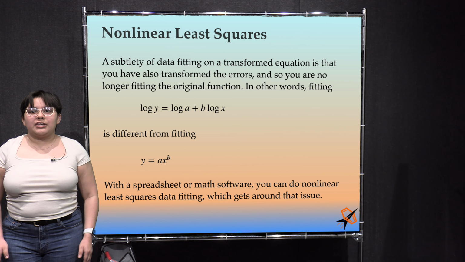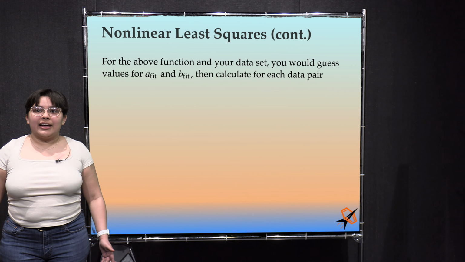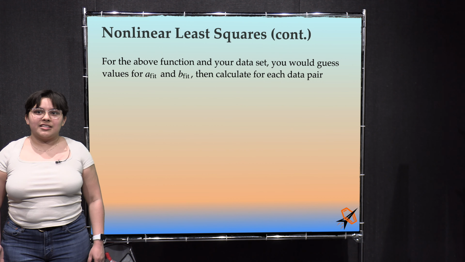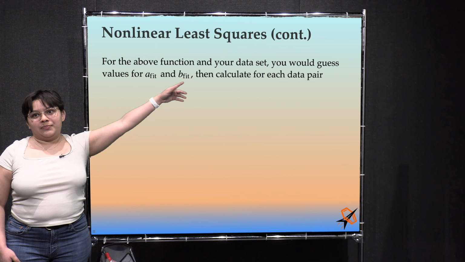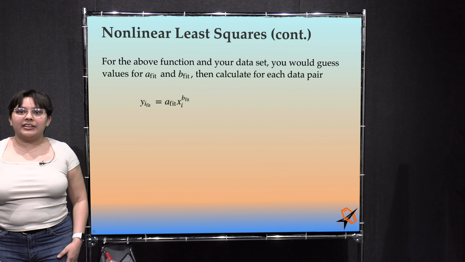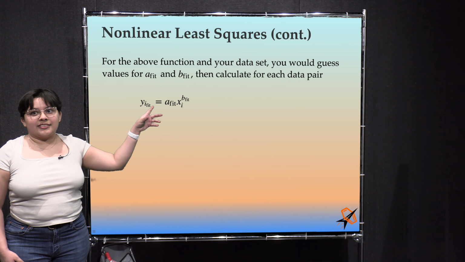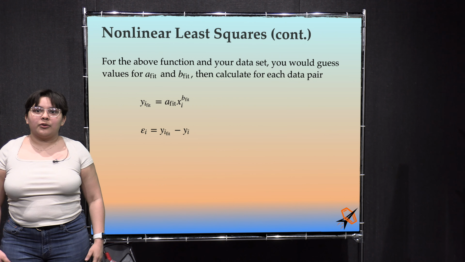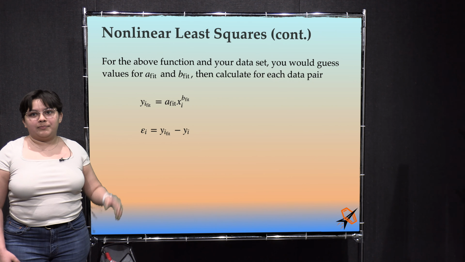For the moment, I want to give an overview of how it's done in case you want to get a head start. For the y equals ax to the b function and for the dataset with pairs of data, you would start by guessing the values for a and b. We will call them a fit and b fit. Those are the fitting parameters. For each data pair, you would calculate the y sub i fit as your guessed a fit times x sub i to the b fit power. Next, you would calculate the error or the residual as the difference between the fit value and the measured value.